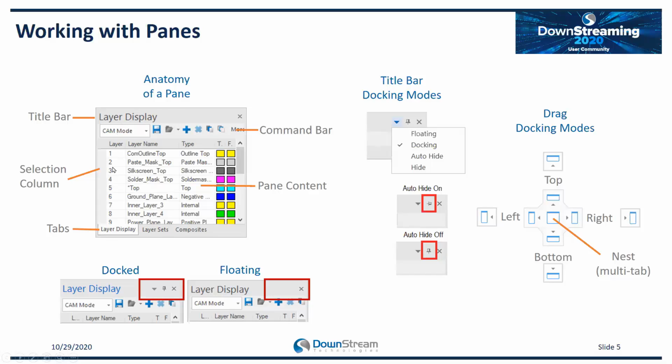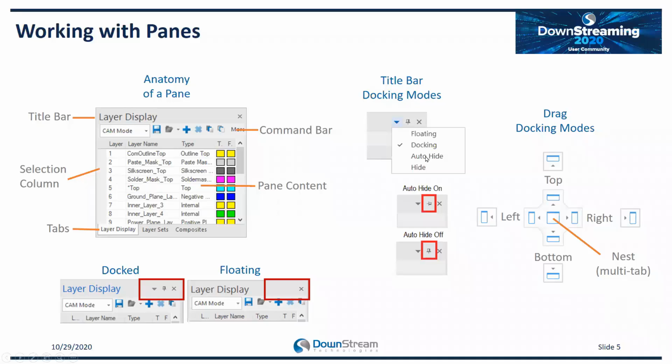So in this case, this is a pane that has 3 nested panes: layer display, layer sets, and composites. Now, whenever you take a pane and you float it, it's going to have a different presentation than when it's docked. And I'll show you that. So you have some more controls when it's docked, and either you open or close it when it's floating.